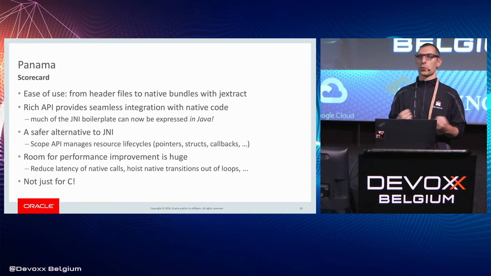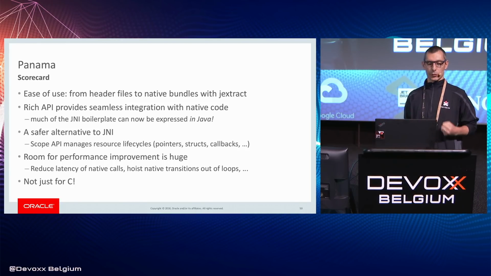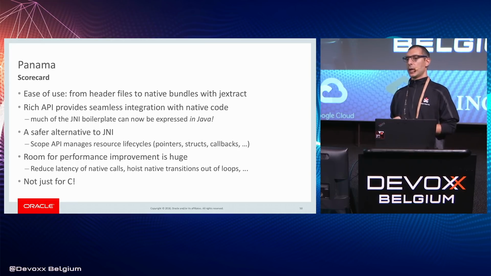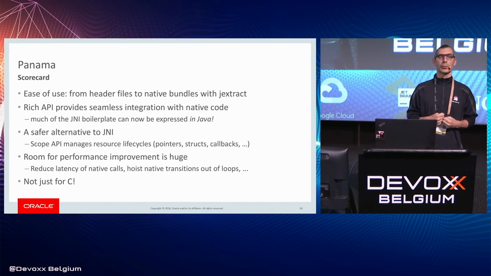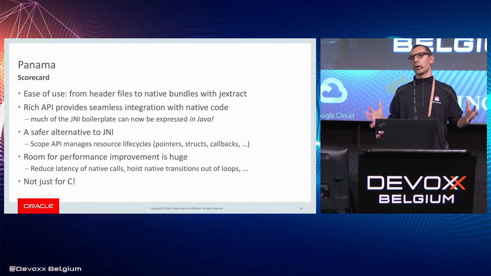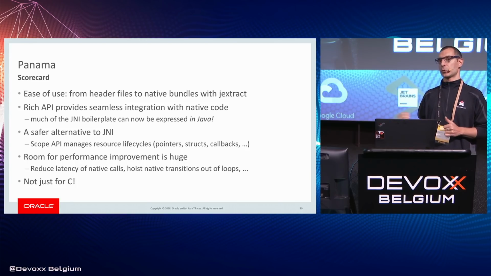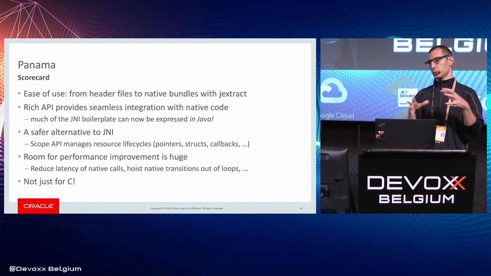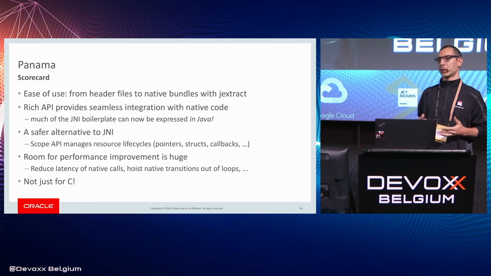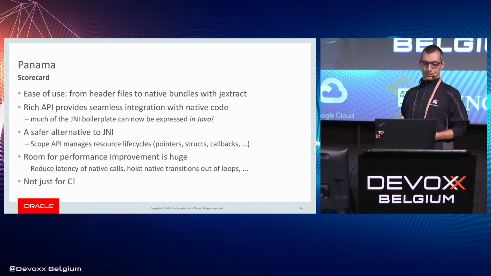So you get an exception whenever you're trying to use a pointer and you are outside the scope that owns the pointer. And as we have seen, the room for performance improvement is huge. All this area is not very explored, but there are a lot of inefficiencies that we can get rid of if we know that the implementations that do the downcalls or the upcalls are something that the JDK can trust.